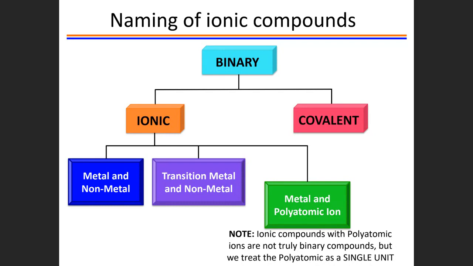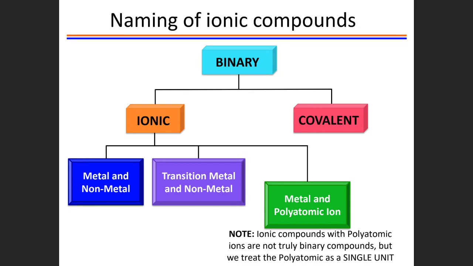I just told you that some transition metals like copper, lead (Pb), and iron (Fe) have multiple ions, they can lose one, two, or three. So their names are a little bit different, and regular ionic compound names are different.